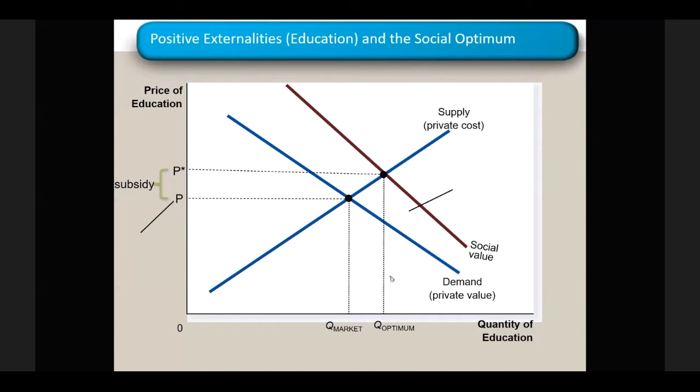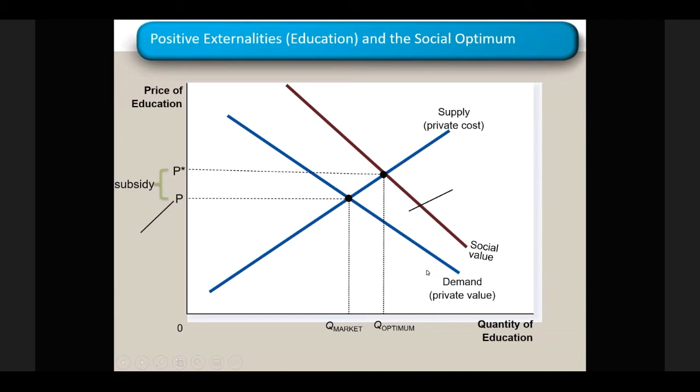If the firm wants to produce the optimal quantity, it produces at the point where the social marginal benefit equals the private cost or the private marginal cost. Social marginal benefit equals the private cost or private marginal cost here.